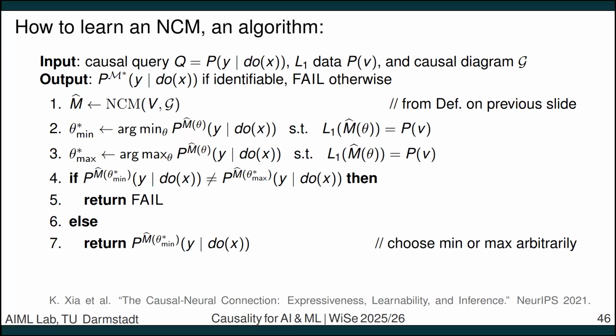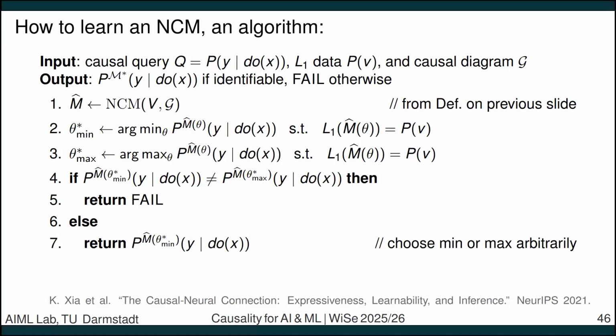We train our NCM once in a way that it should minimize the probability of the data given our causal query, and once that it should maximize the probability of our causal query given our observed data.